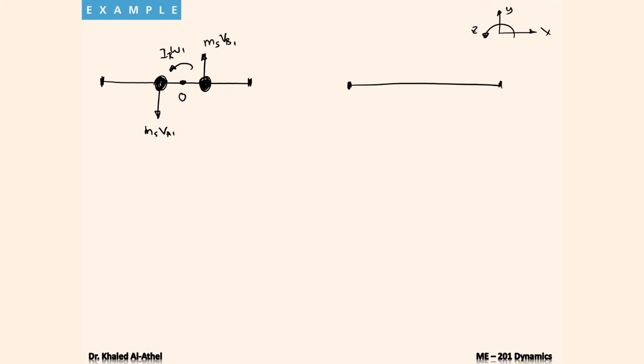This is one of the spheres, A, and here is the second sphere, B. And again, this is the center, O. The velocities are the same, except this is M_S V_B2 instead of 1, and A is M_S V_A2. I'm also going to have angular motion, so this is I_R omega_2.